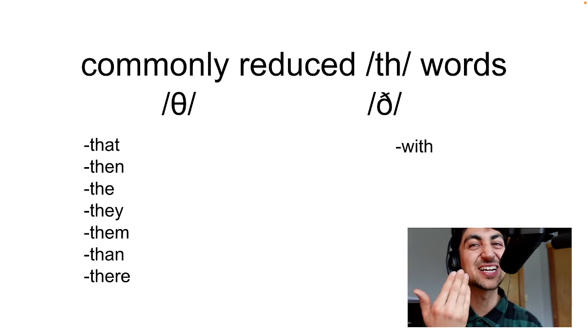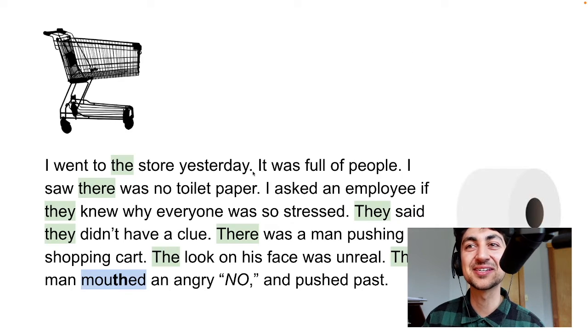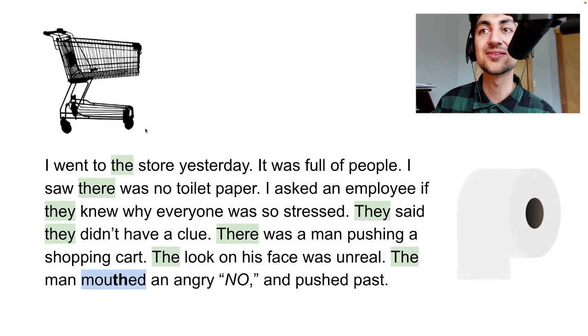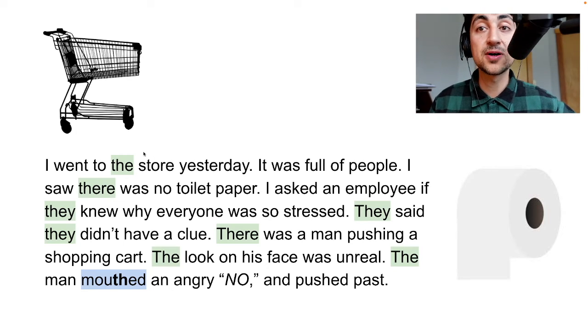Mumbly means you don't say it clearly. These are not said that clearly. And yet that TH sound is important. It's a paradox, really. We look at the example of this sentence here. I went to the store. Did you hear that? I went to the store. I went to the store. So it's a complicated thing, but with practice, this will make more sense, and you'll be able to hear it as well.